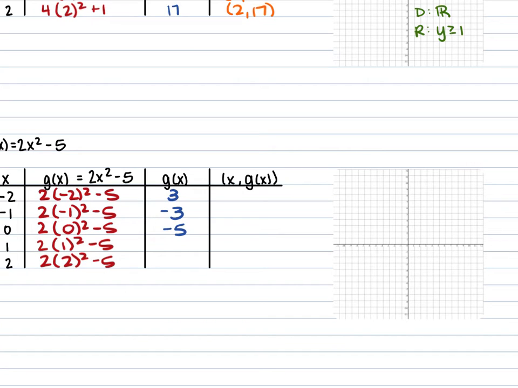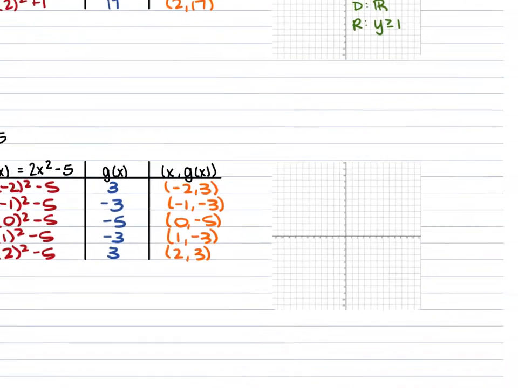The 1 squared is 1 times 2 is 2. 2 minus 5 is -3. And 2 squared is 4 times 2 is 8 minus 5 is 3. So we have ordered pairs of -2, 3, -1, -3, 0, -5, 1, -3, and 2, 3.